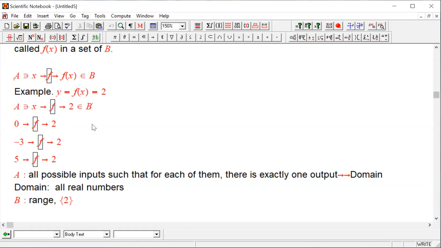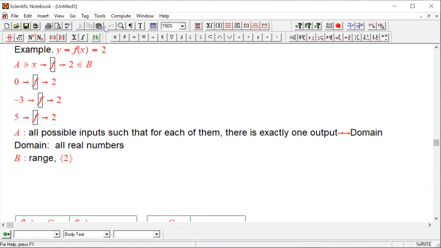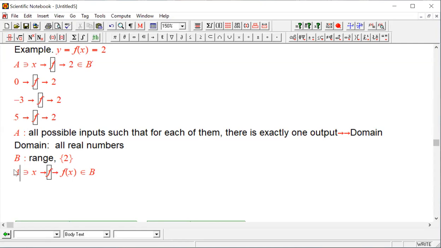Okay, so this is the concept that from the definition of function, we want to identify domain and range. So now when we look at the function concept again, A is the domain, and B is the range.